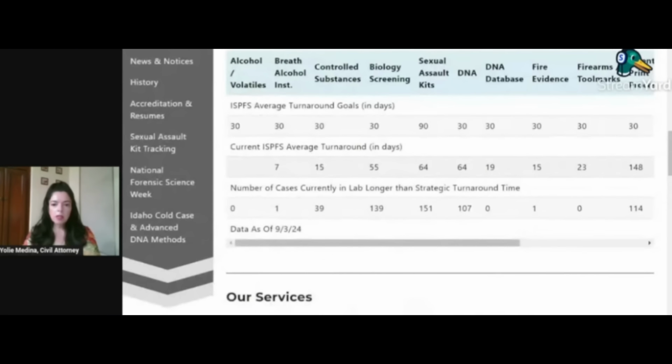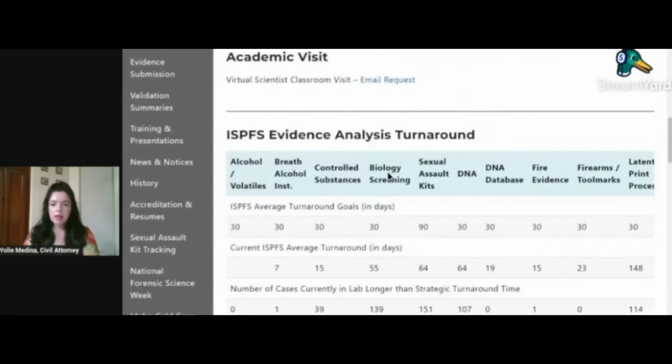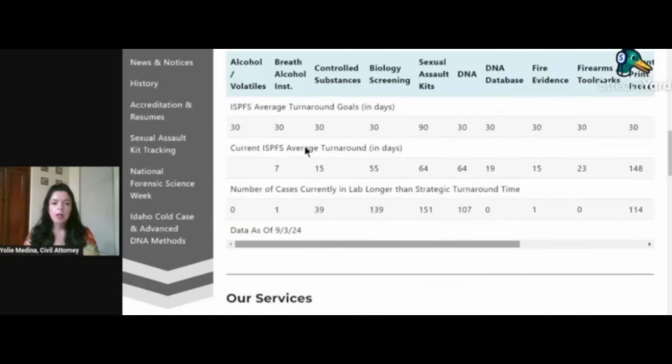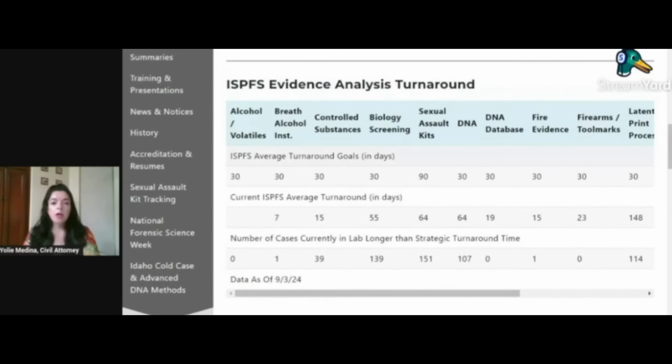So the only turnaround time that we have is as of 9/3/2024. So one of the things that I would want to know is if in December 27th or 28th, whenever the trash was received by the lab.